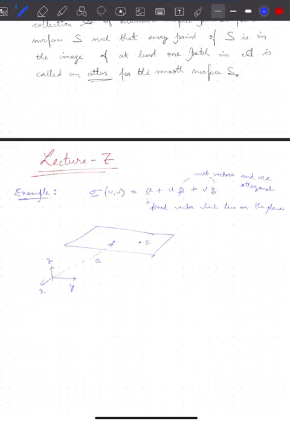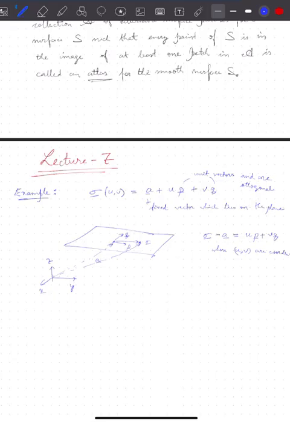So sigma vector, and let's say we have two unit vectors at this point A itself, P vector and Q vector. So sigma vector minus A vector will of course lie on the plane, and this will be explained in terms of a linear combination of P vector and Q vector, where u and v are coordinates.